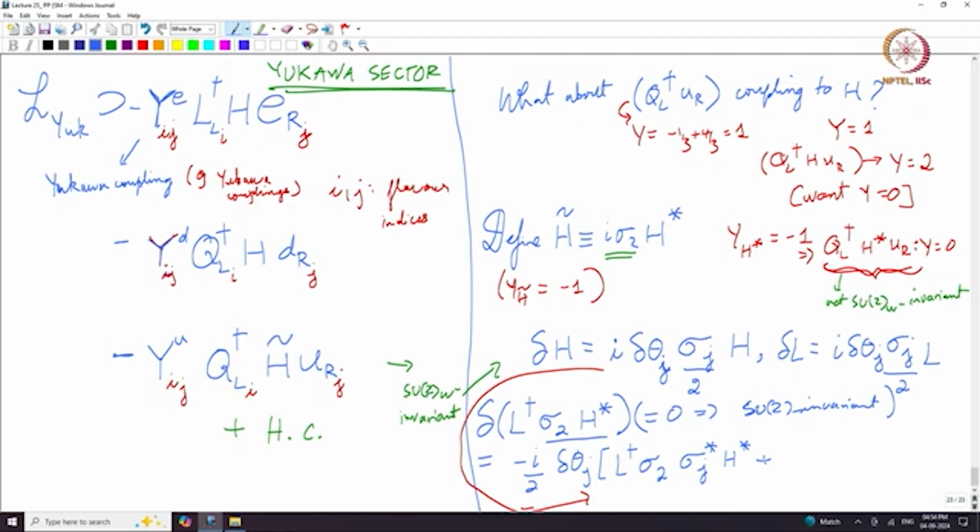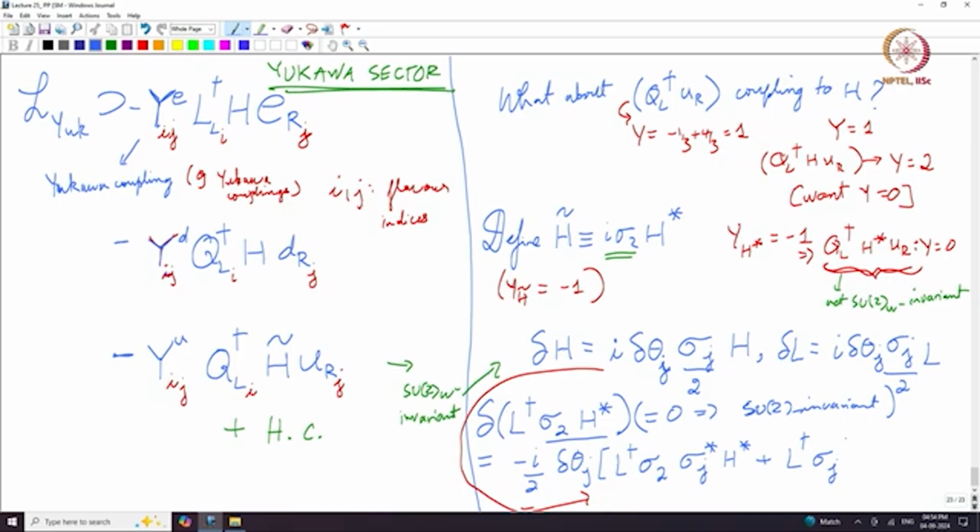Now let me hit it on the second, the L term also. Because there's a dagger here, once again, if I take the complex conjugate, I'll pull out a minus i. That's why I literally pulled out a minus i over here, right? So what happens here? Since it's a Hermitian conjugate, since I have a transpose sitting over there, I have to write the L dagger term first, then I have to write the sigma j, right?